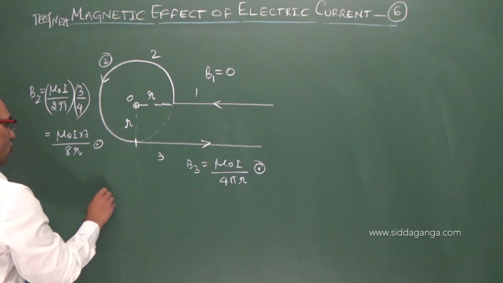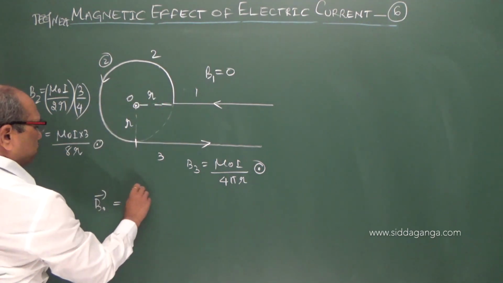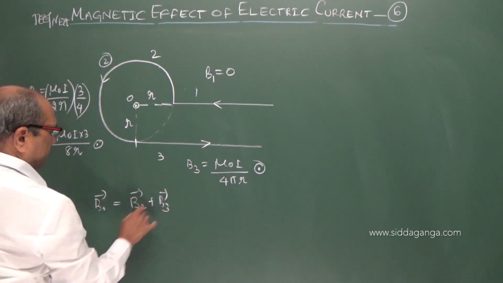Adding, B1 is 0 because it is in line. B1 plus B2 plus B3.